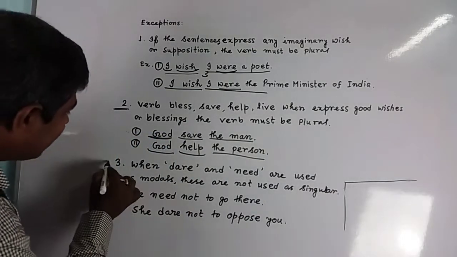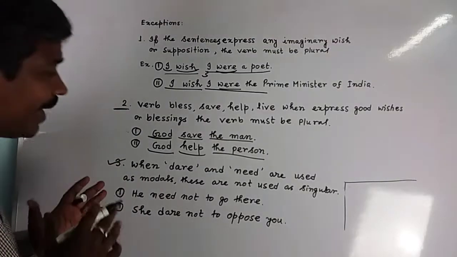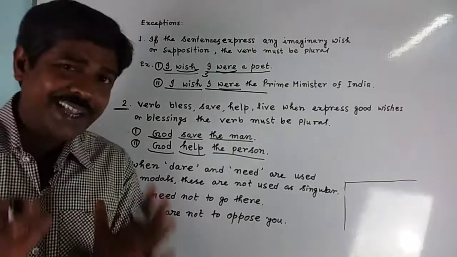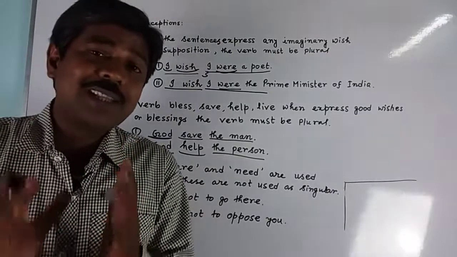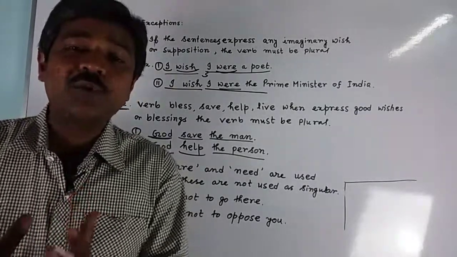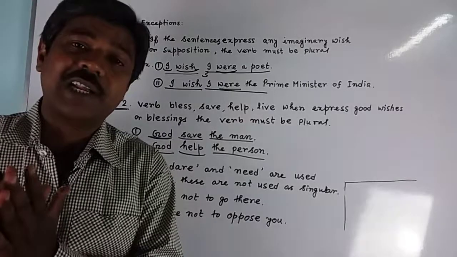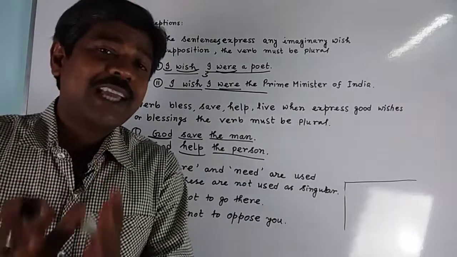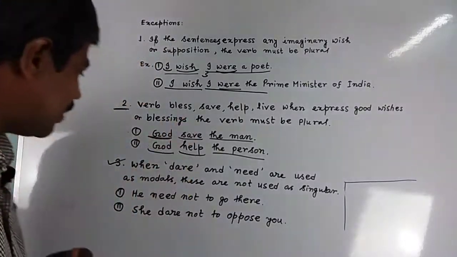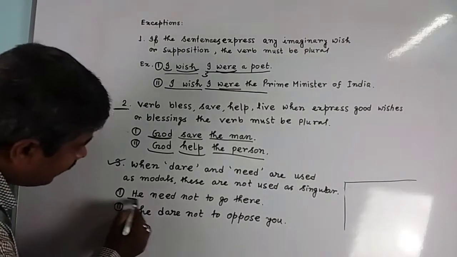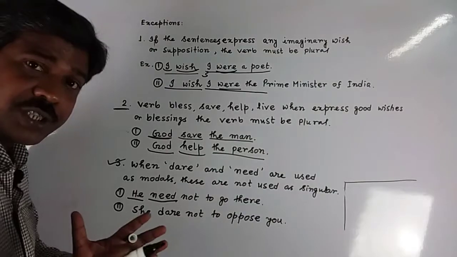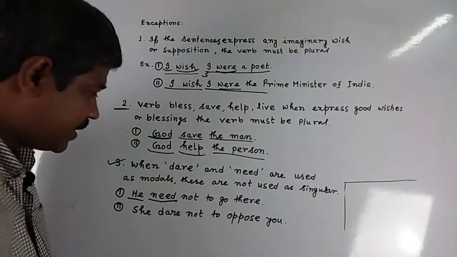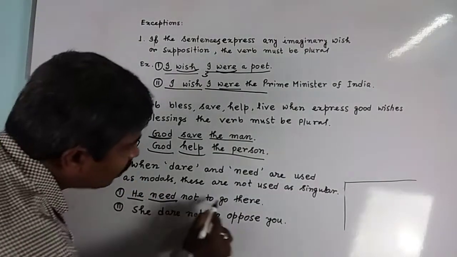In the next part you can see dare and need. You know, these are modal auxiliaries, and whenever these two words are used as modal auxiliaries in the sentence, we cannot add s with them. Just look at the example. He, third person singular number, we have written need, not needs. He need not go there.